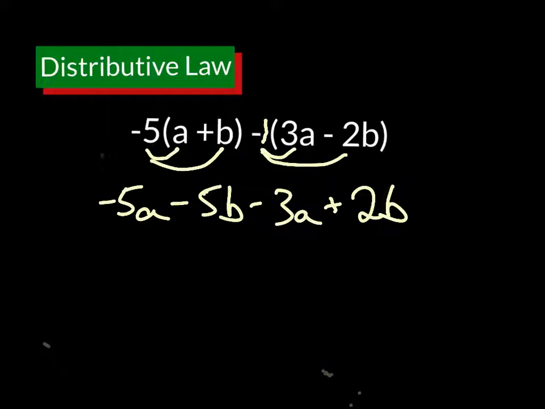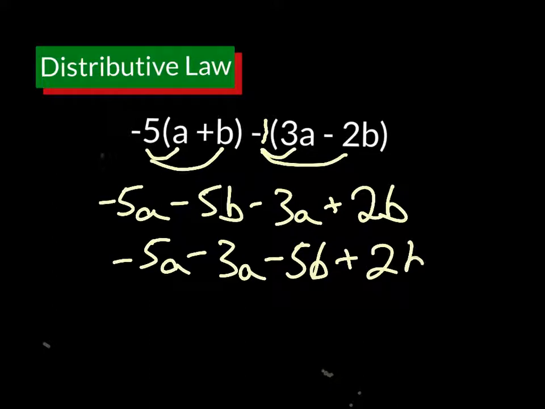Now we can find and combine the like terms. And to start, we're going to reorder the expression so like terms are beside each other. So negative 5a and negative 3a, and negative 5b and positive 2b are like terms because they have the same variable and the same power.